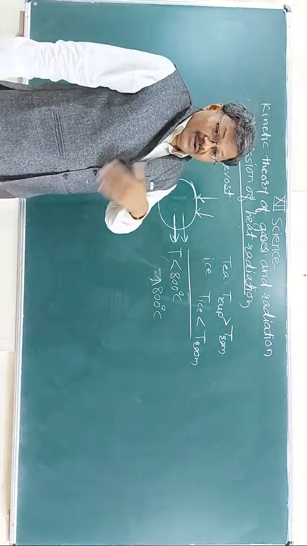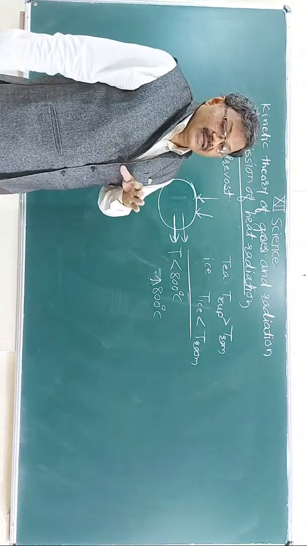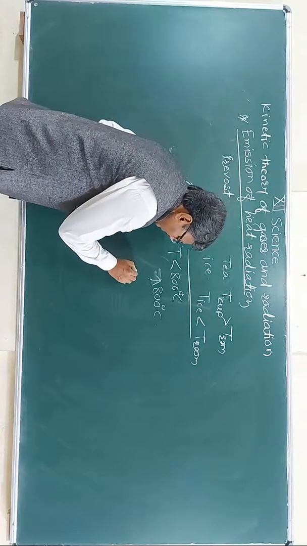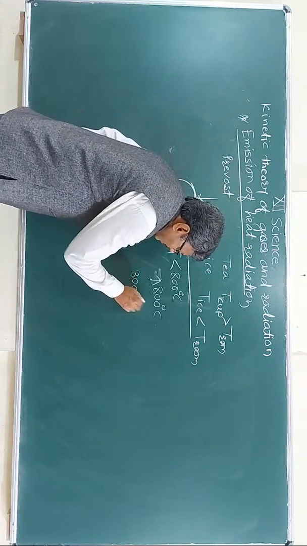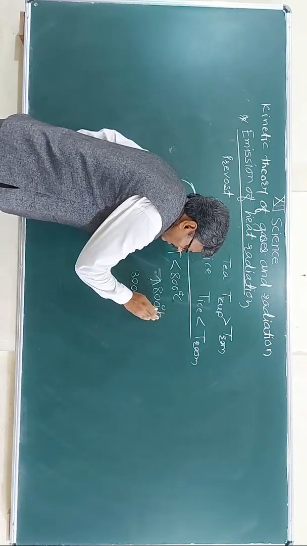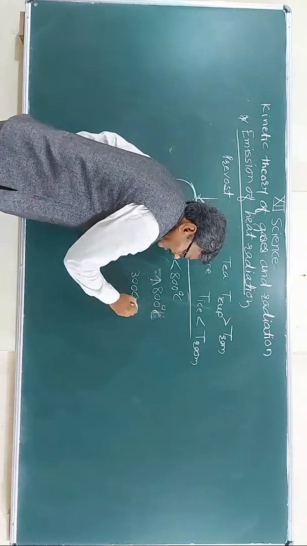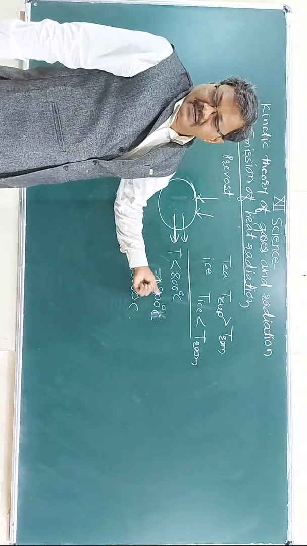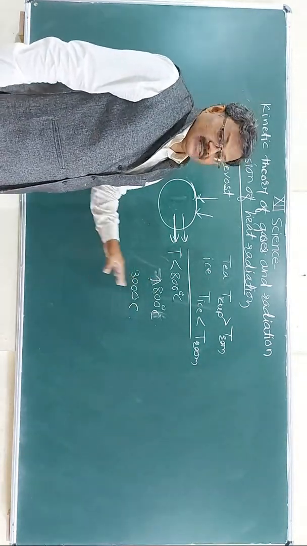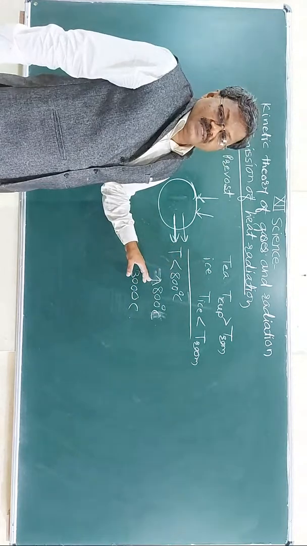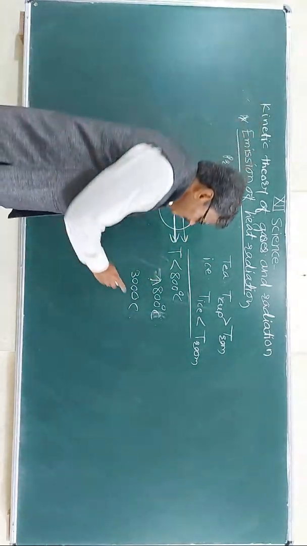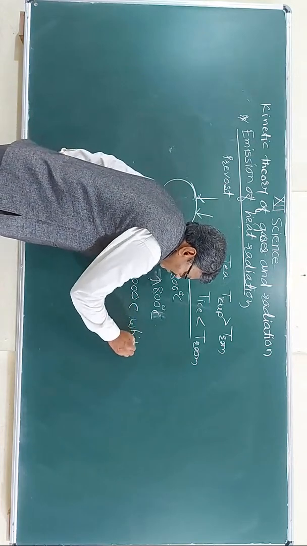And when the temperature is near about 3000 degrees Celsius, the object becomes white hot.